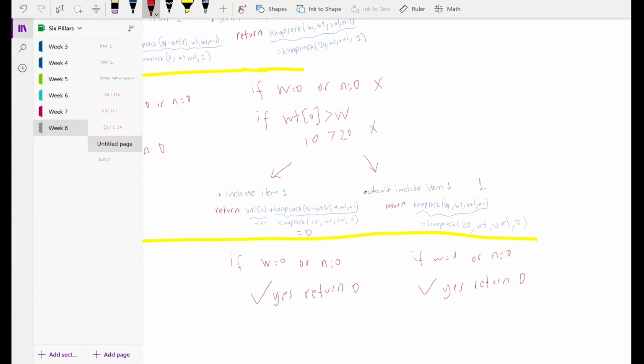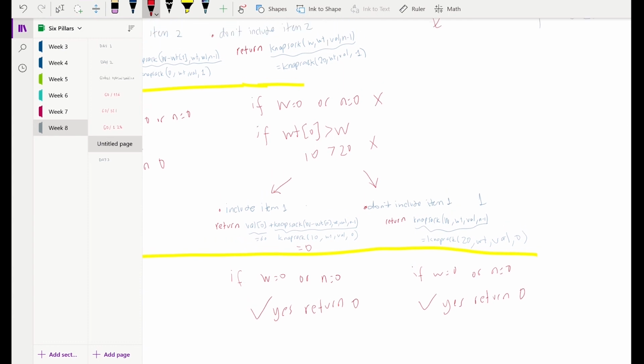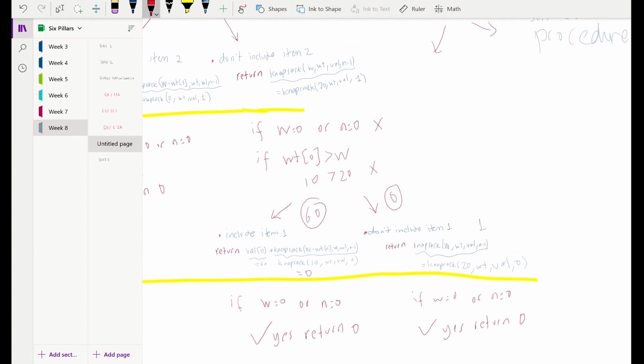Including item 1 gives us 60. Not including item 1, this is 0, and 0, this is equal to 0. And now the maximum of including or not including item 1 is now 60.